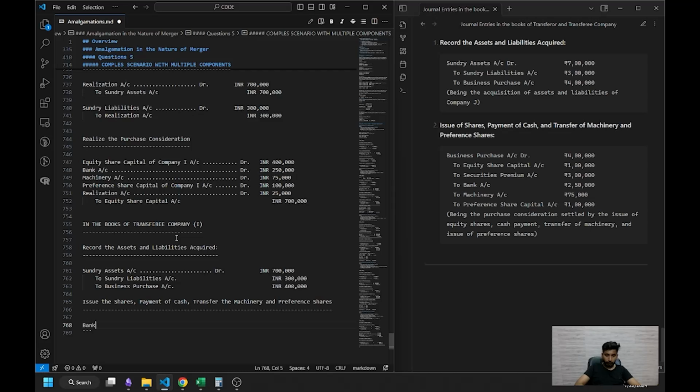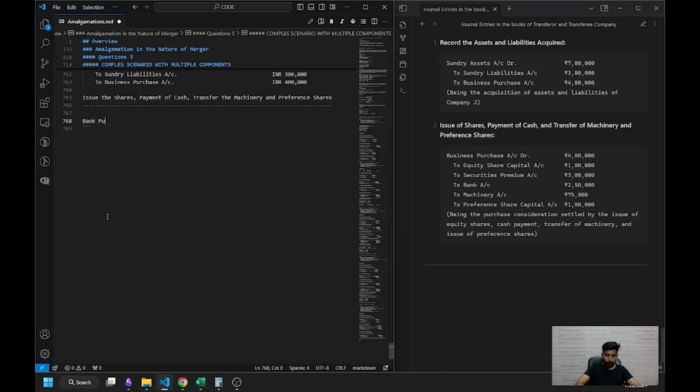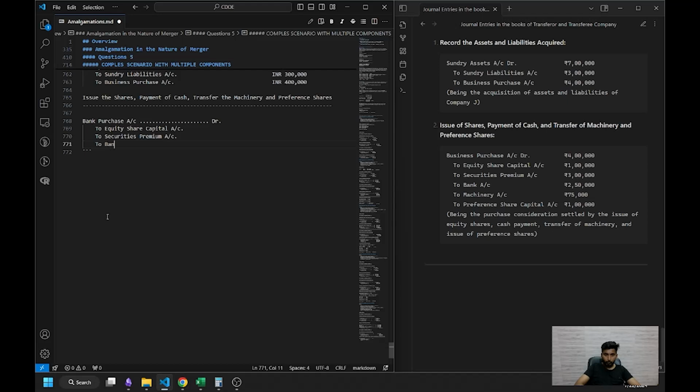For that, the journal entries are going to be business purchase account debit to equity share capital account, to securities premium account, to bank account, to machinery account, to preference share capital account.